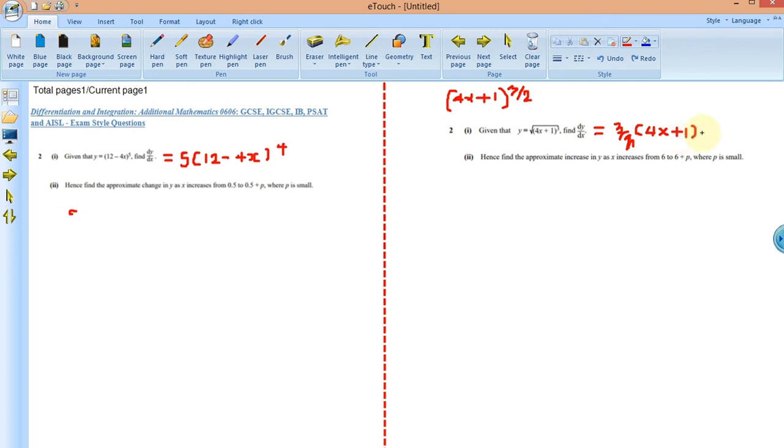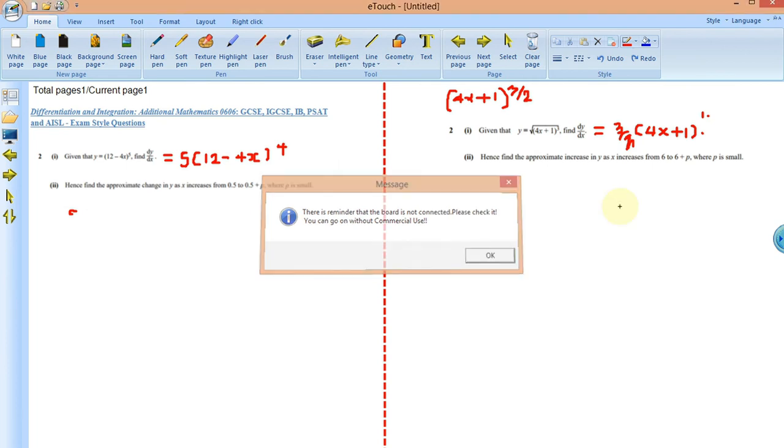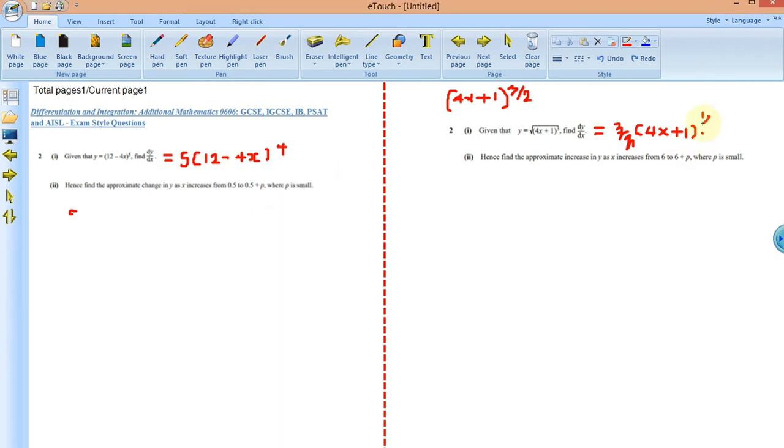Then times, take away 1 from the power, so that will be raised to the power half, because 3 over 2 minus 1 will give you half. Then times the differentiation of the algebraic part, because it's a function of a function. So this is 4 here. I should have the same thing here also: differentiation of the algebraic part here, 12 will go to 0, so this gives times minus 4.